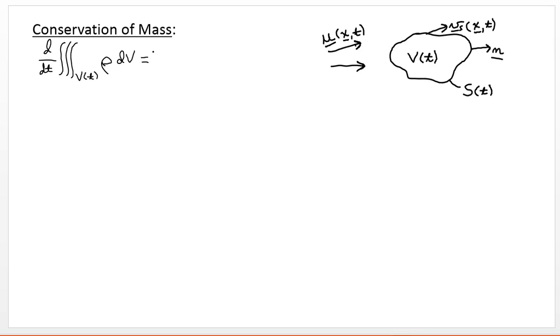So what we get is, first, the volume integral of the partial time derivative of the density, and we add the additional component due to surface motion, which is the surface integral over S of t of n dotted with Vs, the surface velocity, rho dS.